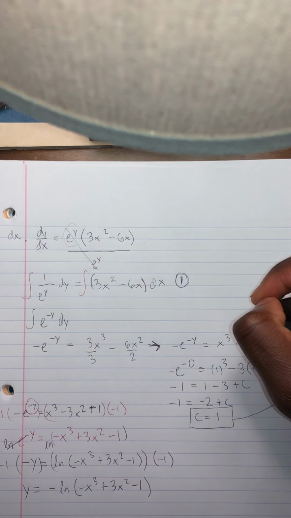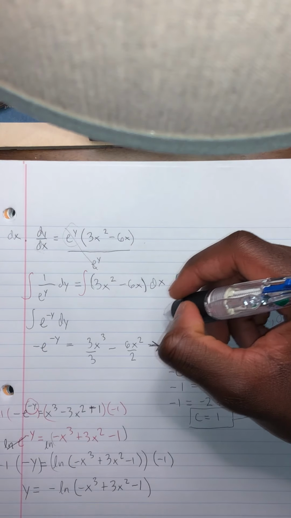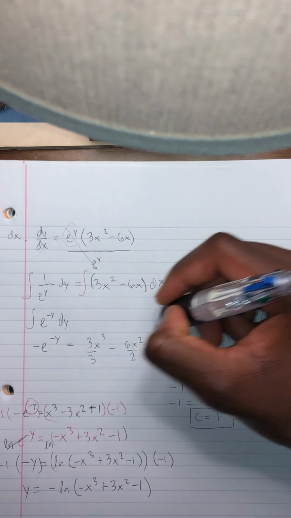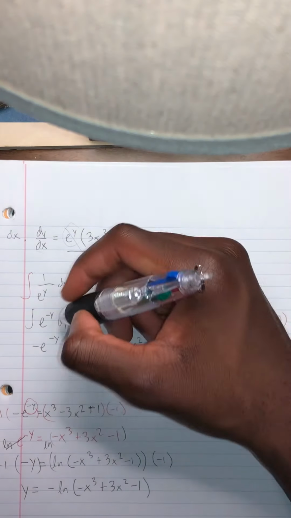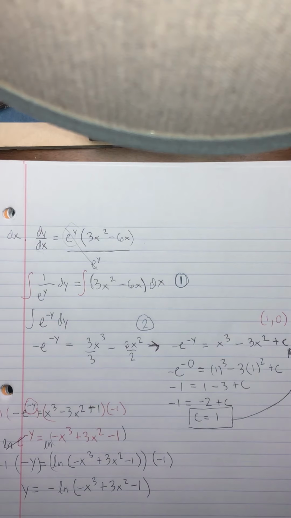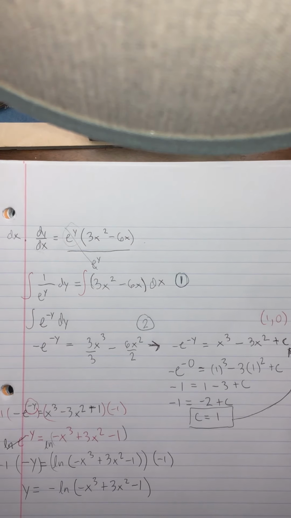If you were able to anti-differentiate here and here, you'd get 2 points for that. Then you have 1 point for the constant of integration, c, because you can't forget the c. And then you get another point for the use of the initial condition.